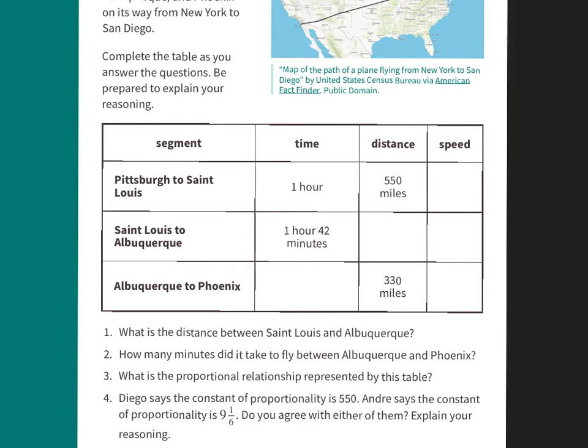So we need to find this thing right here. If you think back to Unit 1, we talked about this in one of the lessons, and it's the distance formula. Distance equals rate times time, and rate is your speed, how fast you're going.